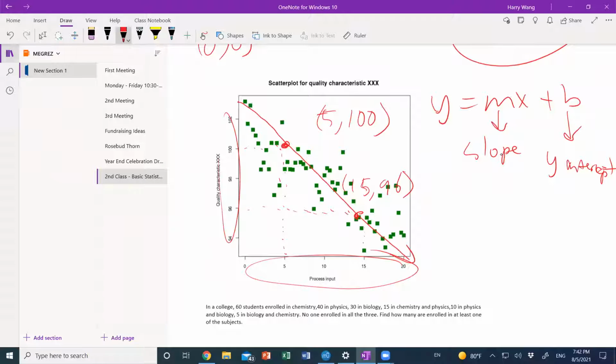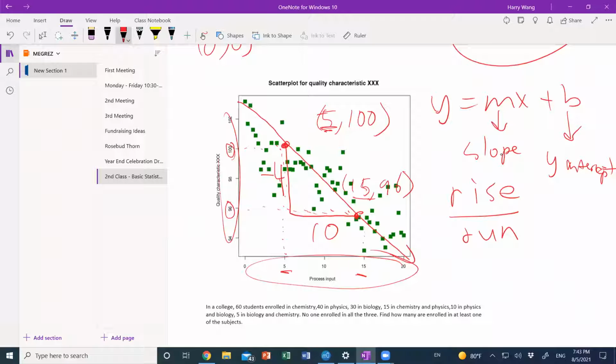So the slope here, as before, is rise over run. Our triangle that we can draw in between these 2 points, our rise, it drops from 100 down to 96. So this rise is -4. And the run, as we move from 5 to 15, we move forward 10.